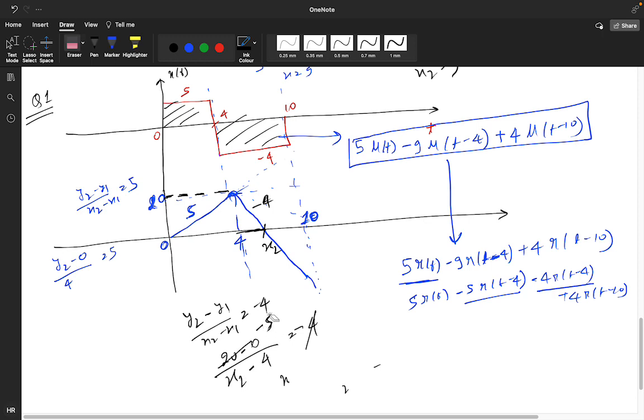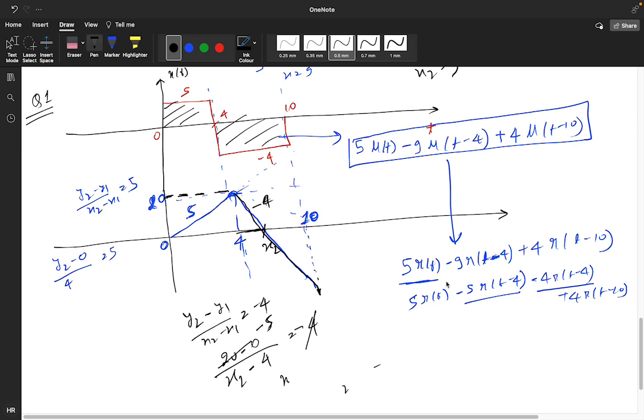So if you assume this particular one as minus 5 r of t minus 4 is there, minus 4 r of t minus 4 is there, so a particular equation is happening. Okay. So if I'm assuming this particular slope is going like this up to the 10 value, it's going like this, and after this 10 value, if you don't do these things also, it's fine.